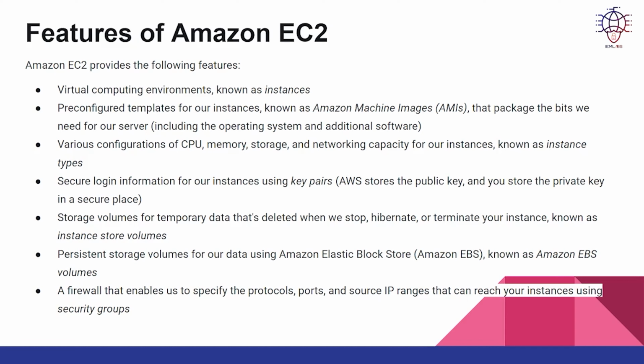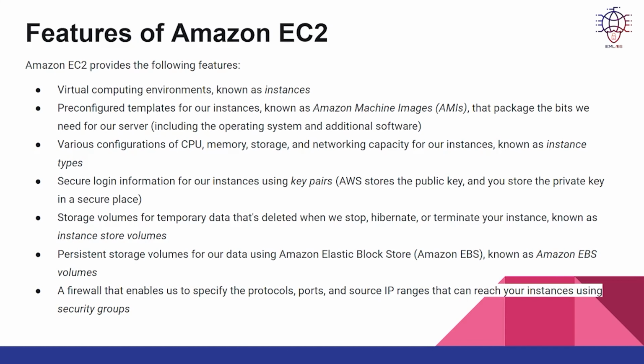We have storage volumes for temporary data that is deleted when we stop, hibernate or terminate our instance, known as instance store volumes, and also persistent storage volumes for our data using Amazon Elastic Block Store, that is Amazon EBS. We also have the firewall feature that enables us to specify the protocols, ports and source IP ranges that can reach our instance using security groups.